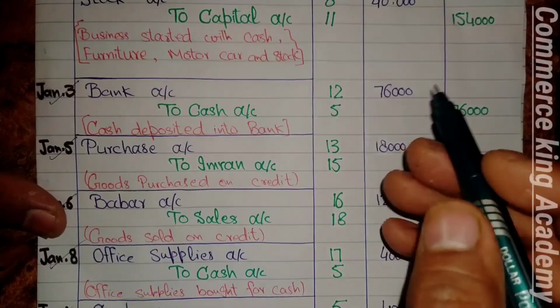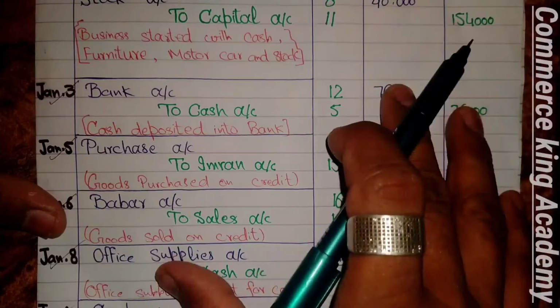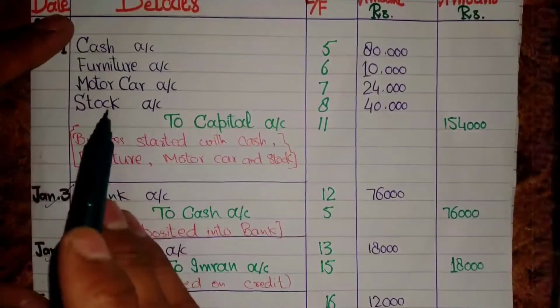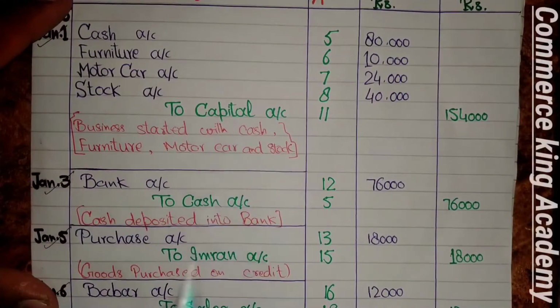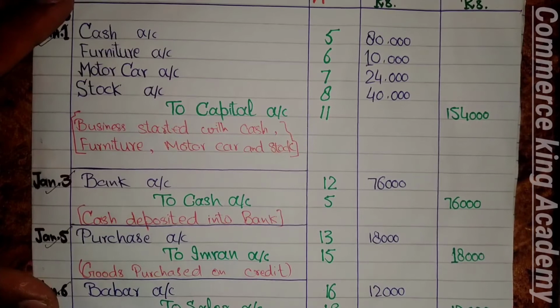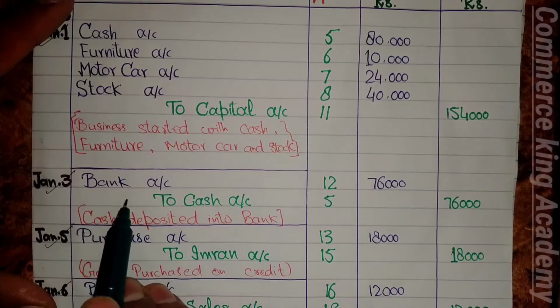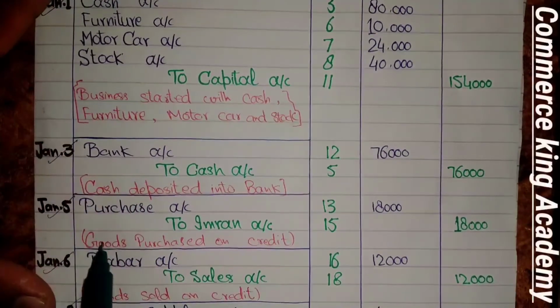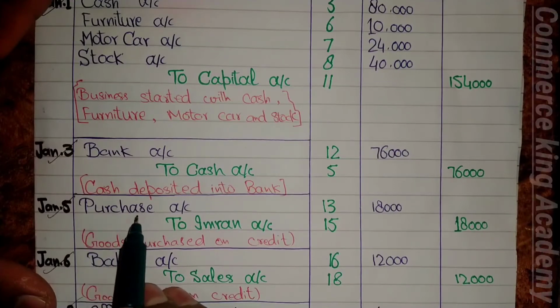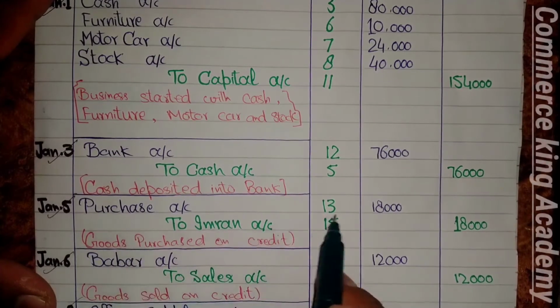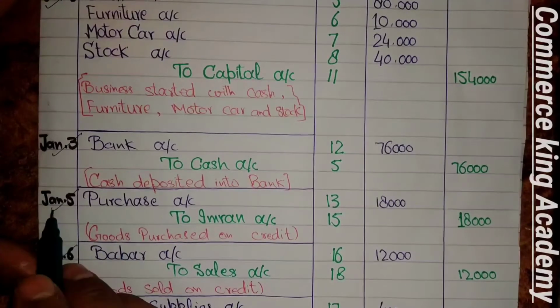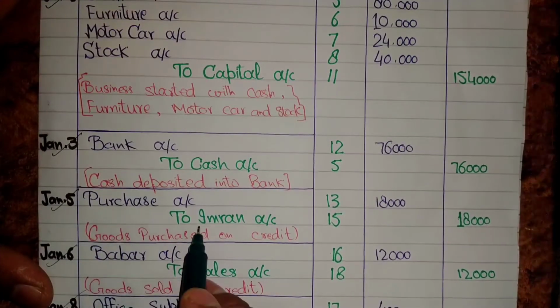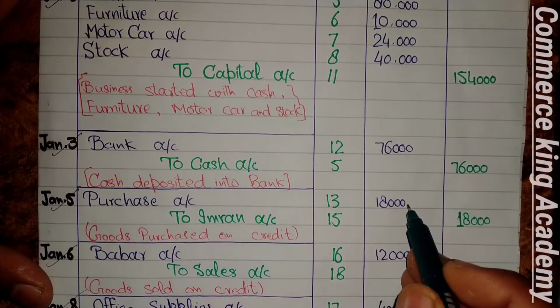We have prepared the ledger accounts of cash account, furniture account, motor car account, stock account, and capital account. After that, we have prepared the ledger account of bank account. Our next account for making a ledger account is purchase account, which has ledger folio number 30. So on Jan 5th, purchases account is debited by Imran account, amounting to 18,000 rupees.